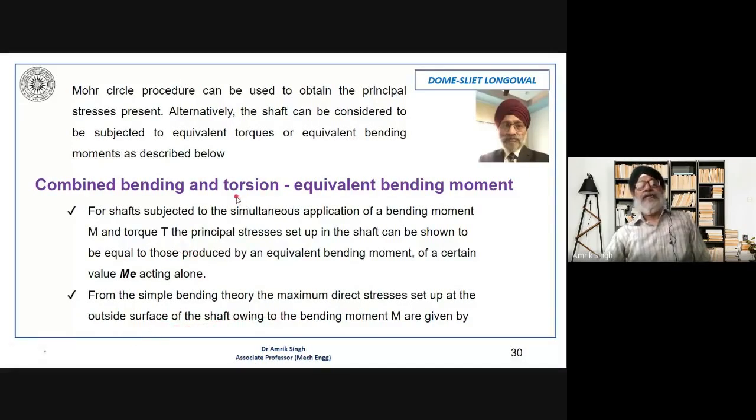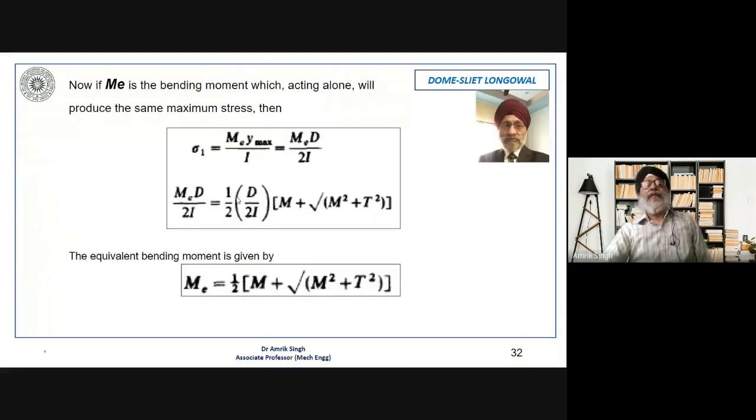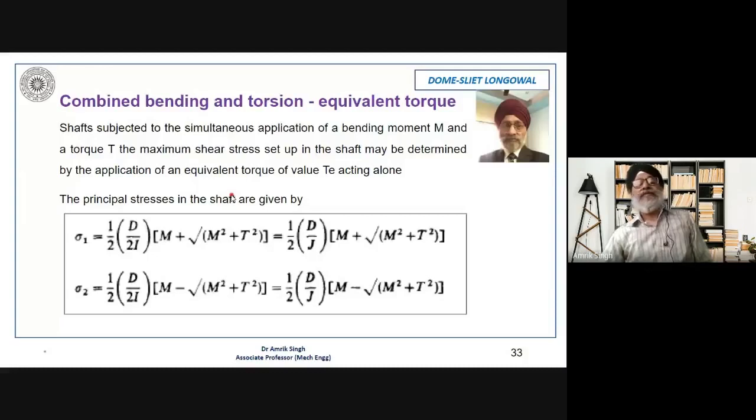Here we have taken the concept of equivalent bending moment, and here we have taken the concept of equivalent torque. So sigma 1 will be equal to this, and sigma 2 will be equal to this.